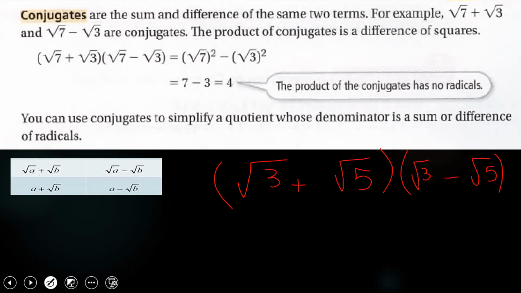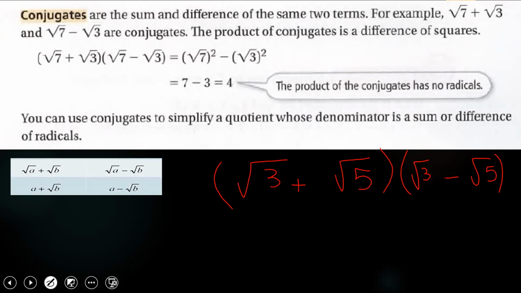Conjugates are the sum and the difference of two same terms, like square root of 3 and square root of 5. Once it's added and once it's subtracted. So this is the meaning, or the definition, of conjugates.